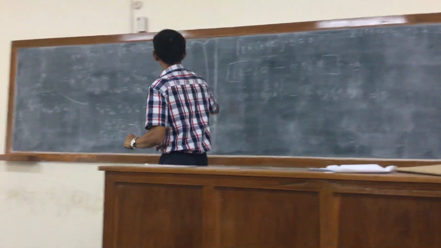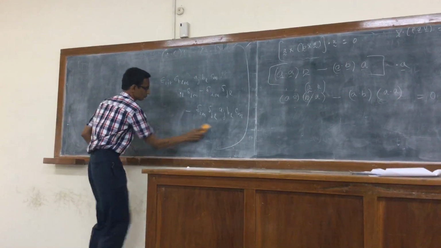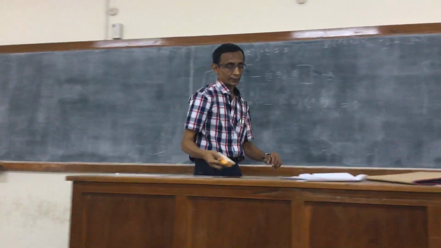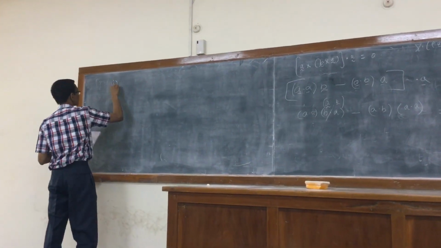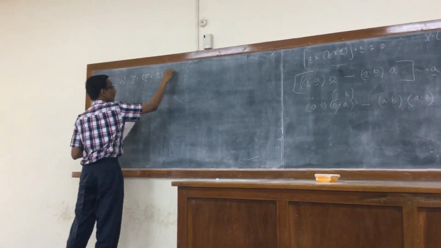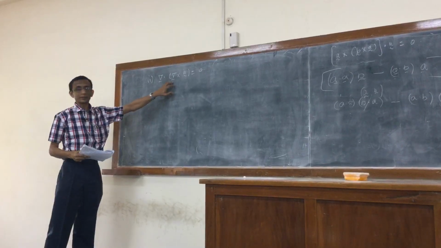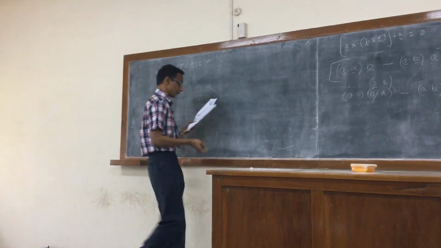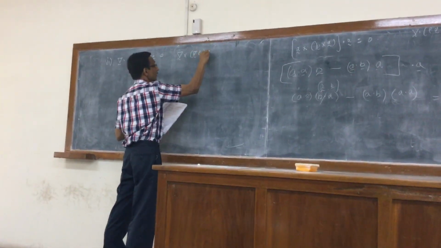What I want to point out is some very important relations which may not be that difficult to prove, but which we will be using later. This is a striking relation. You look at 6. There are many ways of doing this. So this is a scalar identity: the divergence of a vector, which in turn is a curl of a vector, is equal to 0. And then the curl of the gradient of a scalar is 0.